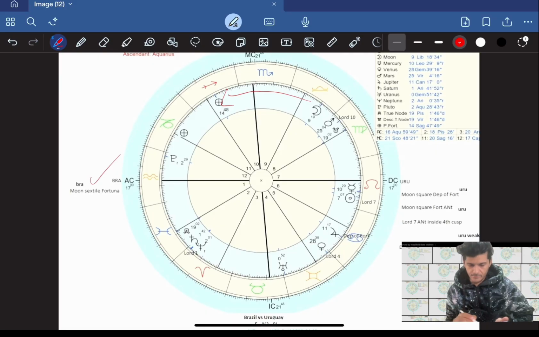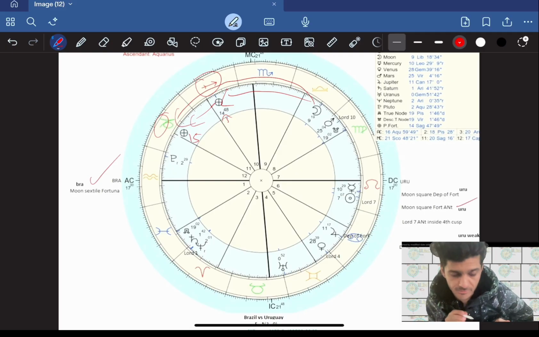Then we had shadow of Part of Fortune in Capricorn, because the shadow of Sagittarius is Capricorn. You just subtract the planet or the point by 30, and that is 15. So that also receives a square from the Moon. That's one to Uruguay.